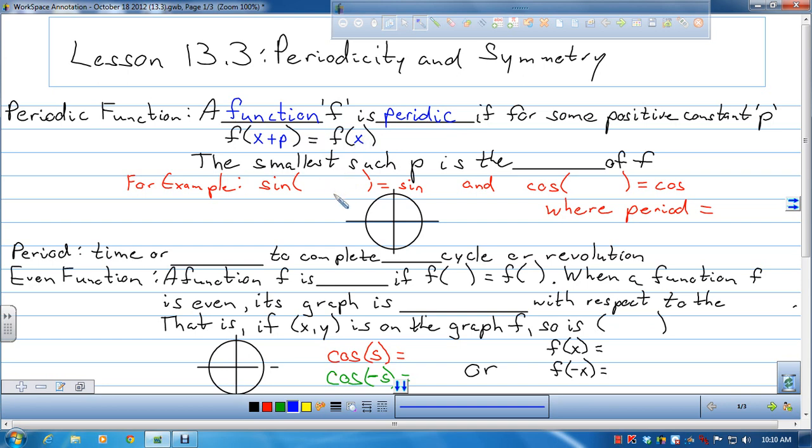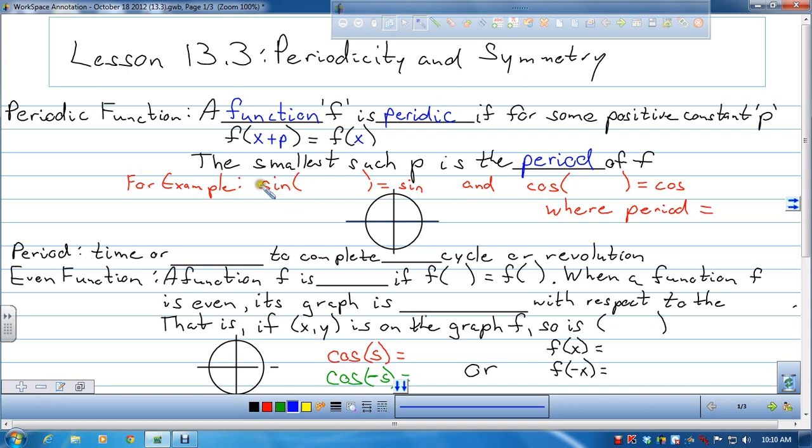So what that means is that function is going to begin to repeat itself after we add certain values to it. So it's going to occur over and over again. That smallest such value for p is going to be called the period of that function f. So the period will be that cycle with which that graph repeats itself.